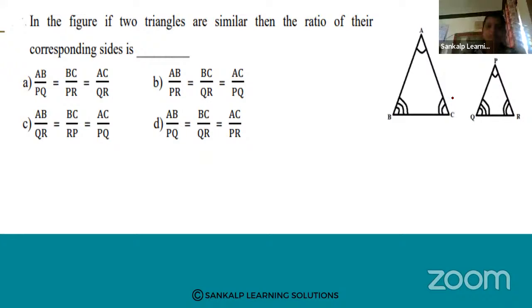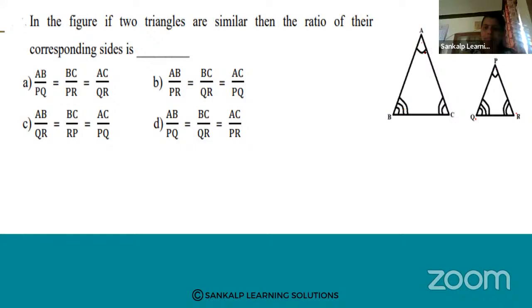Next, in the figure, if two triangles are similar, then the ratio of their corresponding sides. Here two triangles are given and they are similar. We need to find the corresponding sides. This triangle is ABC and this is PQR. What are the corresponding sides?